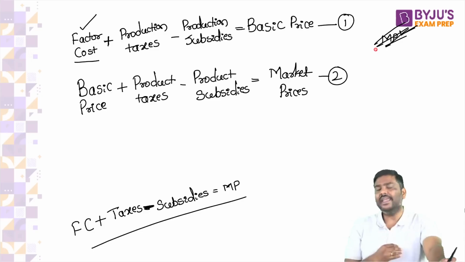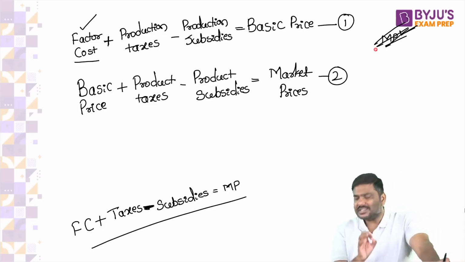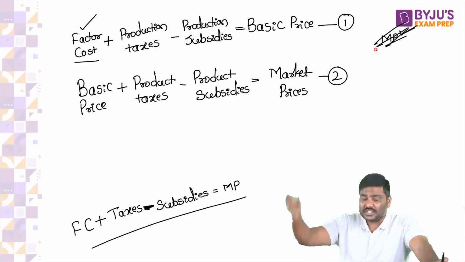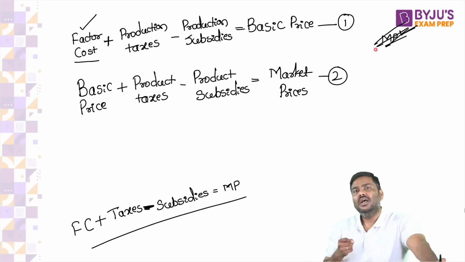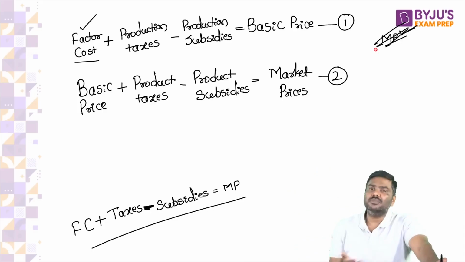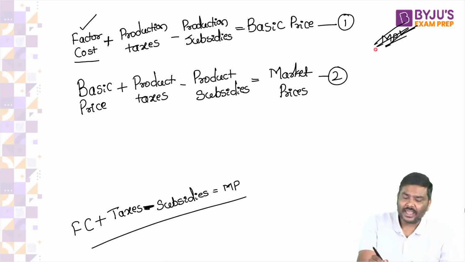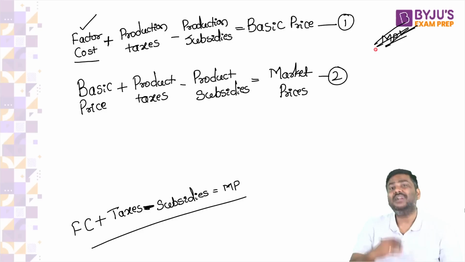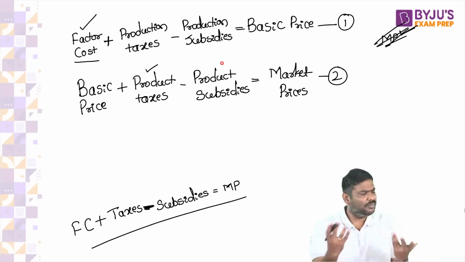I'll repeat it again, and I'll tell you how they arrive at it. The basic price is the price that is receivable by the manufacturer after adjusting. Adjusting means after taking care of the product taxes as well as product subsidies. Sir, what do you mean by this?